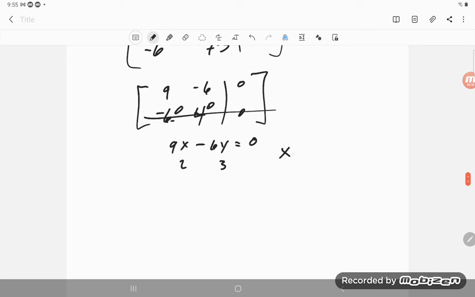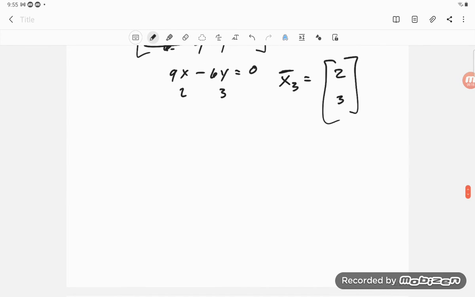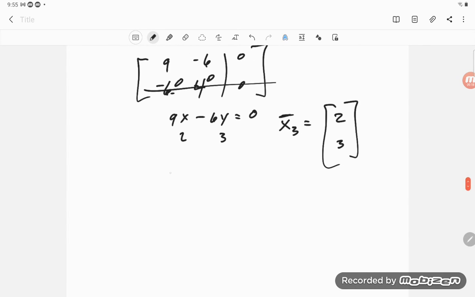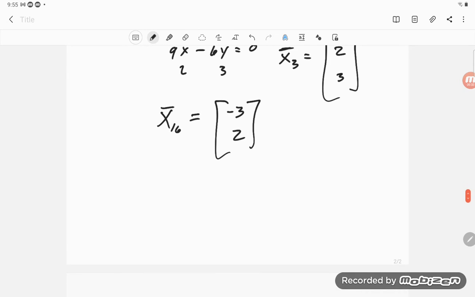So here my eigenvector, I'll call it x3, I could do that as a 2 and a 3. And I believe that's what they have. Yes. Now, similarly, if I look at the eigenvector for 16, I can write that as minus 3, 2. Now, those are not unit vectors, so I need to make them unit vectors.